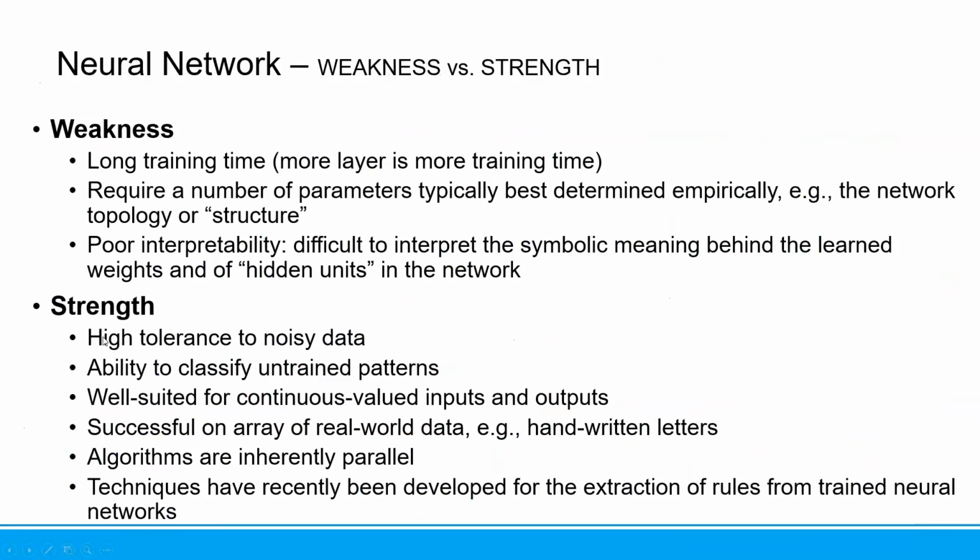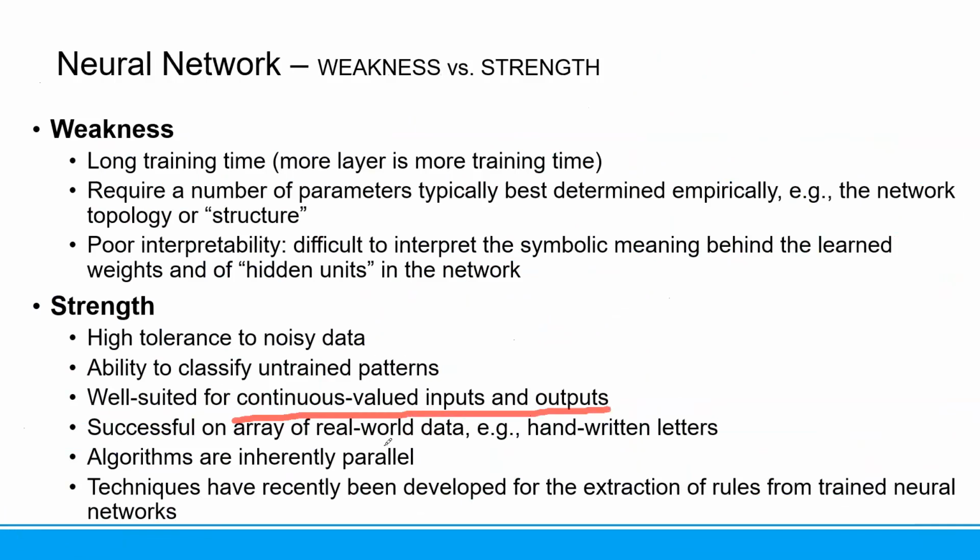But the strength is that it has high tolerance to noisy data, and it is able to classify untrained patterns. So if something is not in the training data, sometimes it can still be classified. It is also very good for continuous-valued input and output.